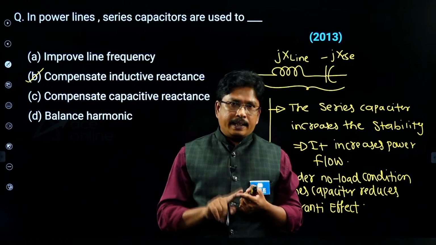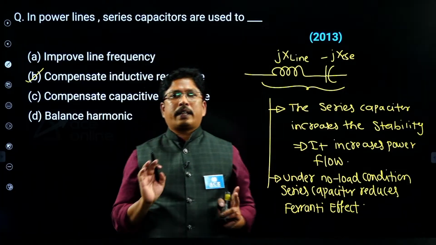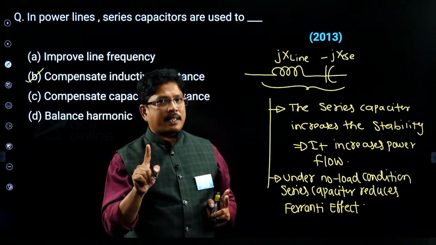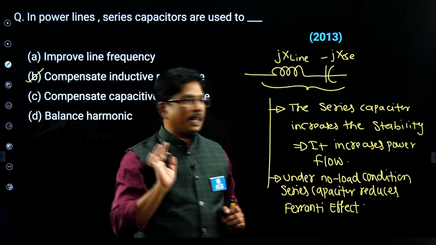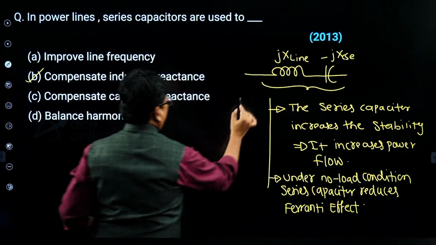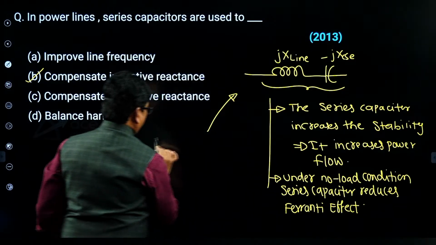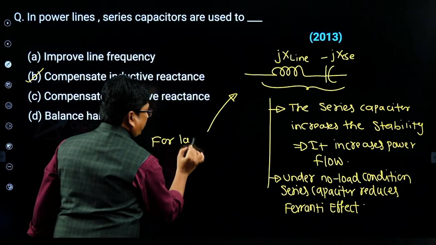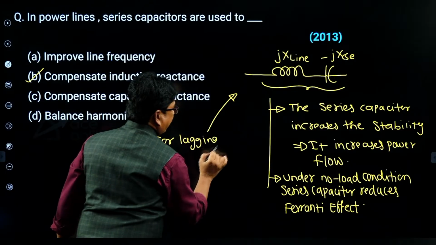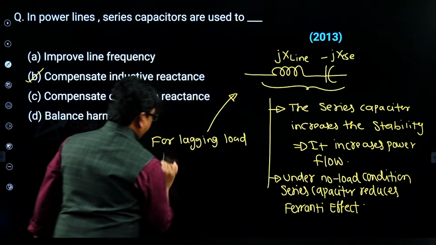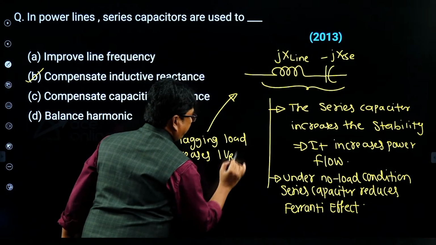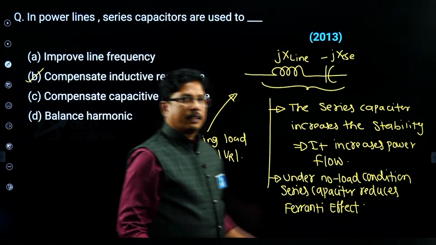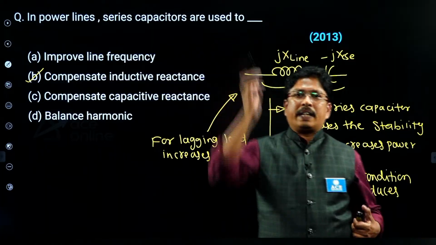The best element to increase the receiving end voltage is the shunt capacitor. So I am adding one more point here: for lagging loads, it increases receiving end voltages.